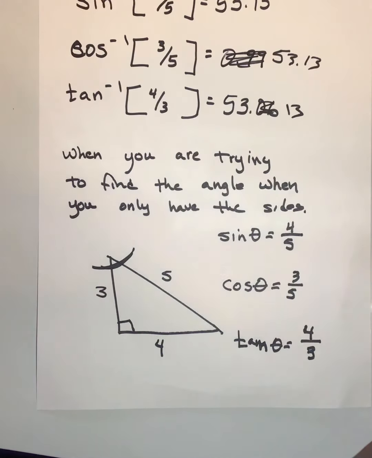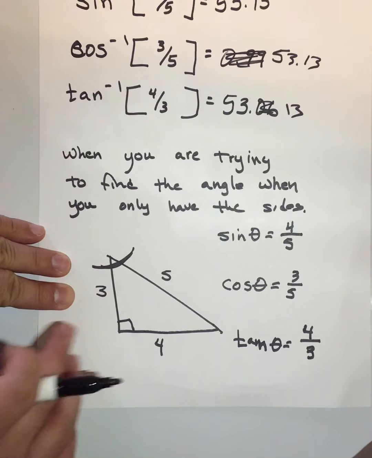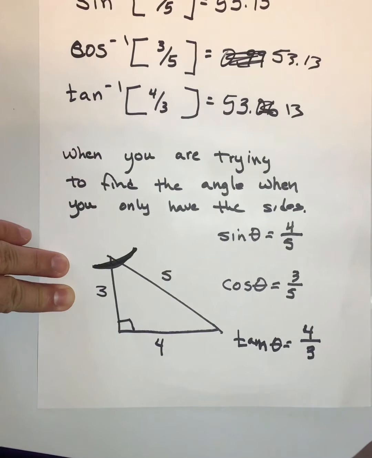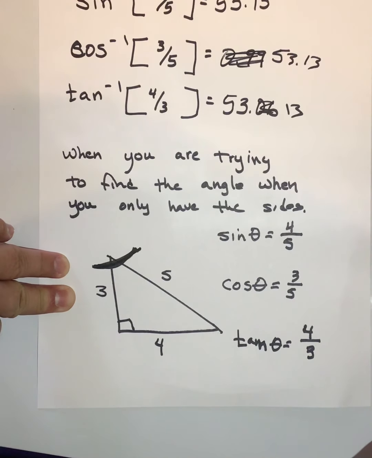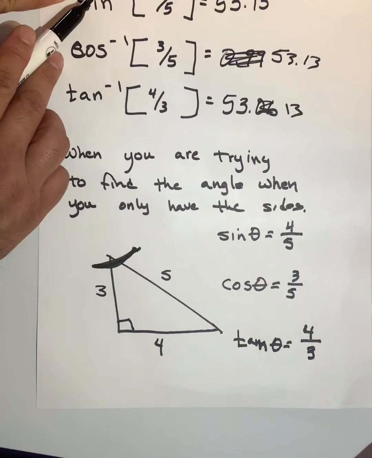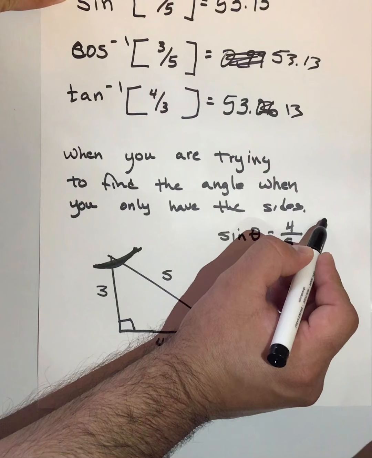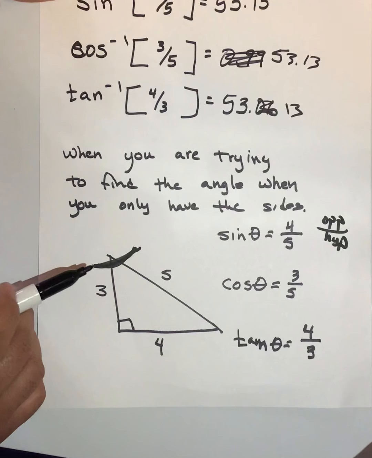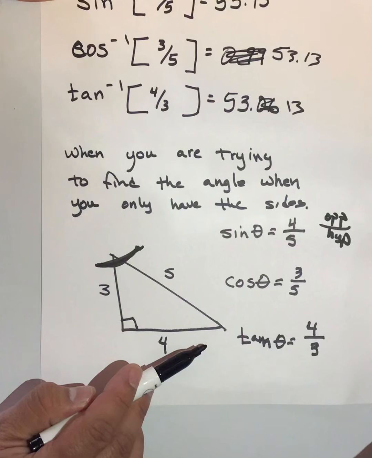So we're going to use a simple step called the inverse. I'm going to show an example right here. Say this is my triangle. This is my side 3, side 4, and side 5, right? I'm going to say this is my reference angle that I'm using, and I want to find the measurement of this angle. So I'm going to use the first one. Sine says opposite over hypotenuse, right? So from this angle goes the side opposite over hypotenuse.